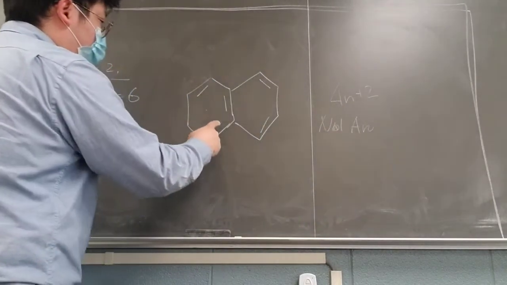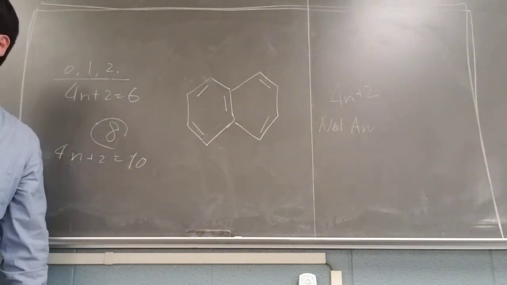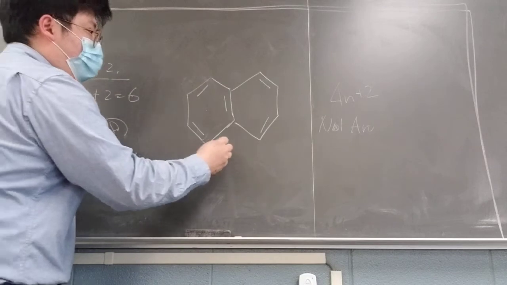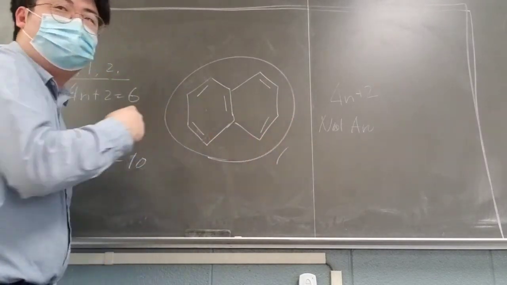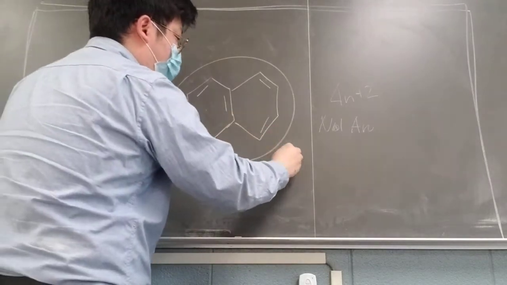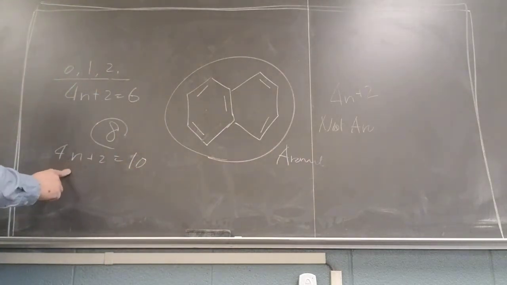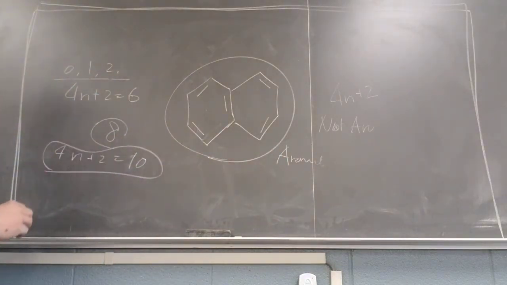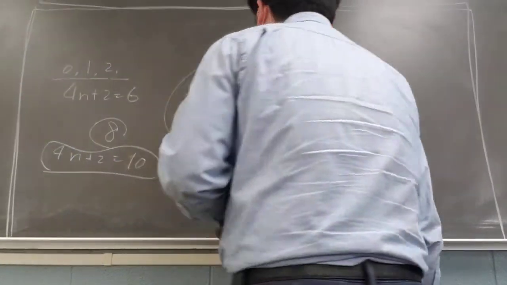But if I switch this one to here, how many? 10. Perfect, and then this will be aromatic. Actually, I drew this one wrong, I'm sorry. So this one will be aromatic, because when you put 2 in n over here, that makes 10 pi electrons. So that is also a good example of an aromatic compound.